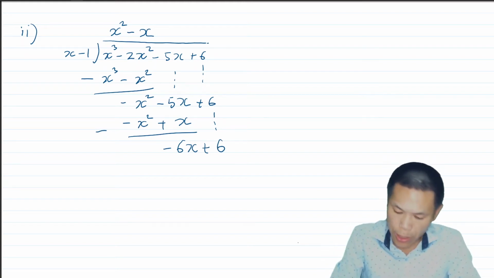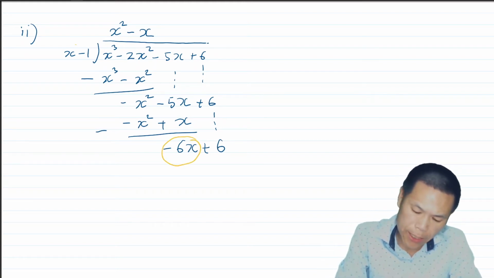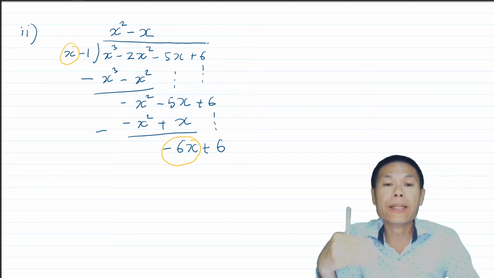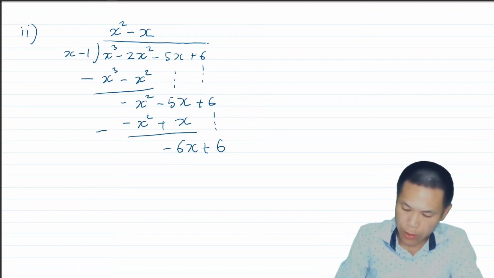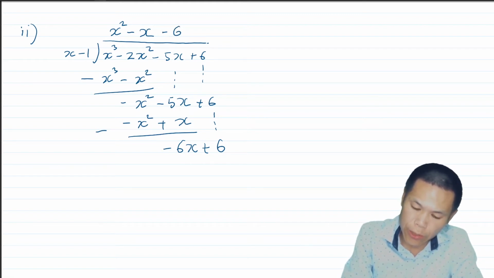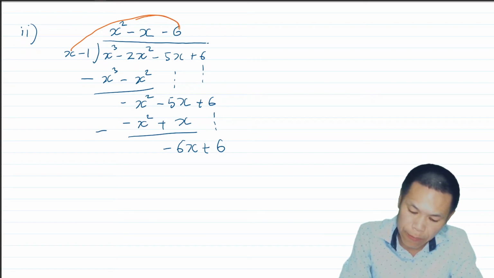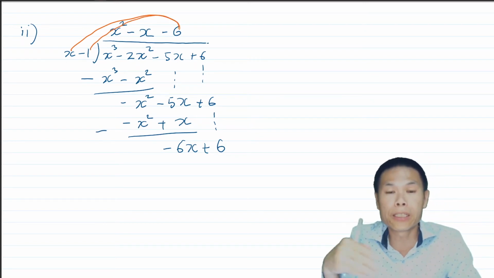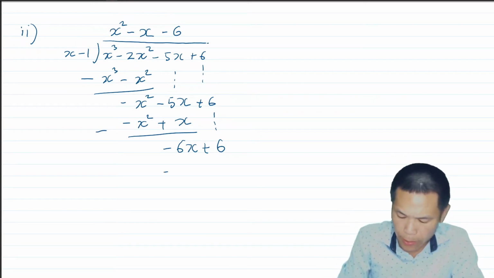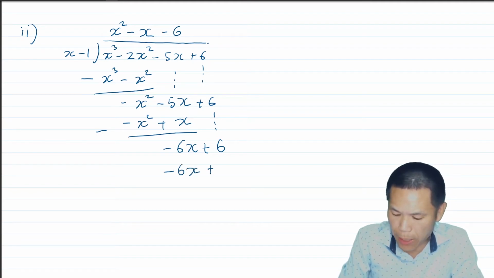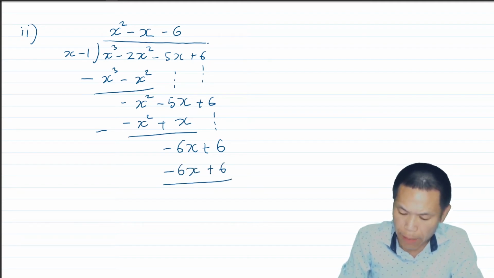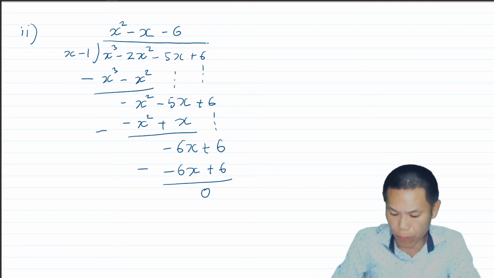And I use negative 6x divided by x, so that is negative 6. So just write negative 6 down. Negative 6 times x is negative 6x. Negative 6 times negative 1 is 6. So negative 6x plus 6. And I subtract it, so that gives me 0.